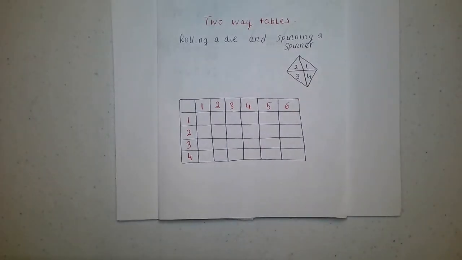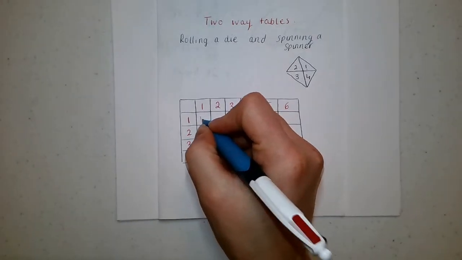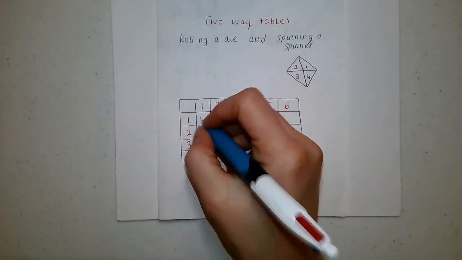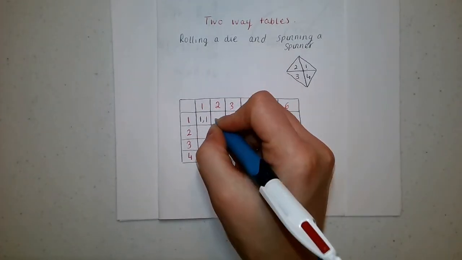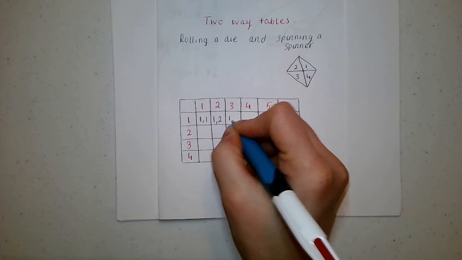Okay. And so when I do those 2 things together, my possible outcomes are that I get a 1 and a 1, a 1 and a 2, a 1 and a 3.